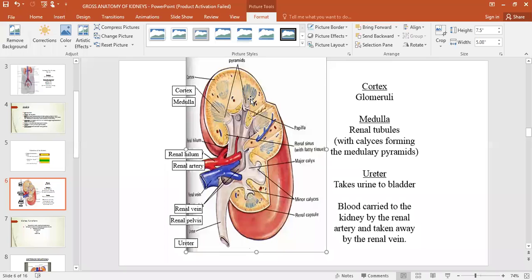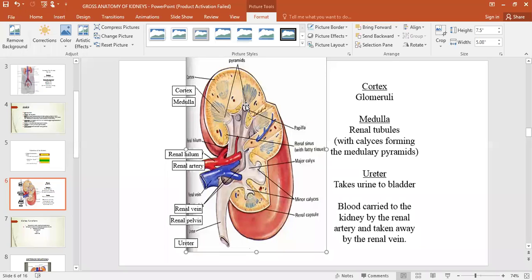Okay. Pyramids. As its name shows, pyramid is triangular in shape which has a base toward the cortex and apex toward the major calyces, and the apex or apical part of the pyramid is called renal papilla.